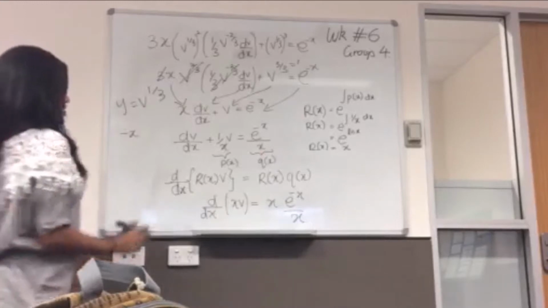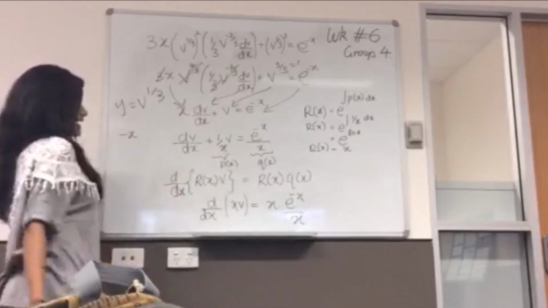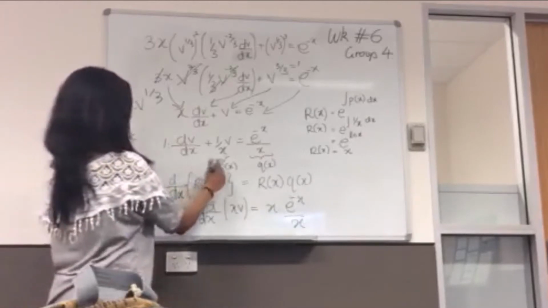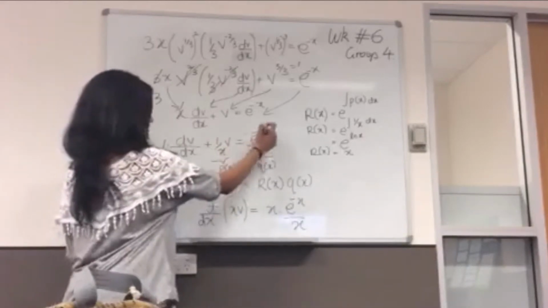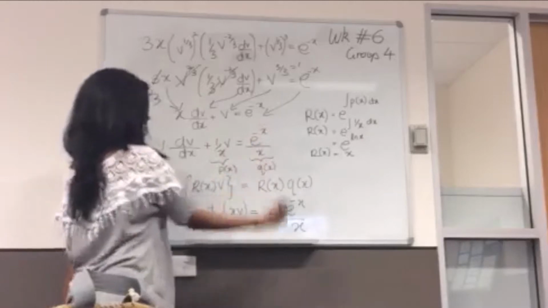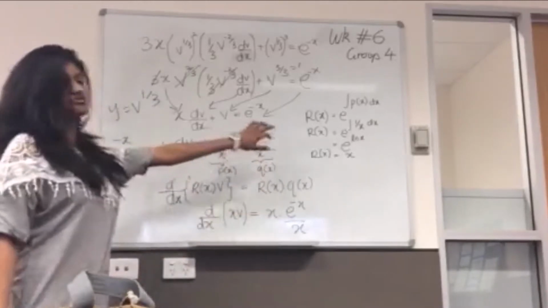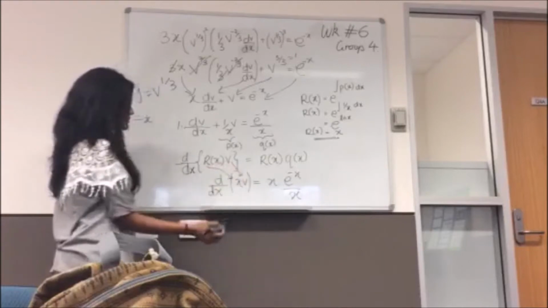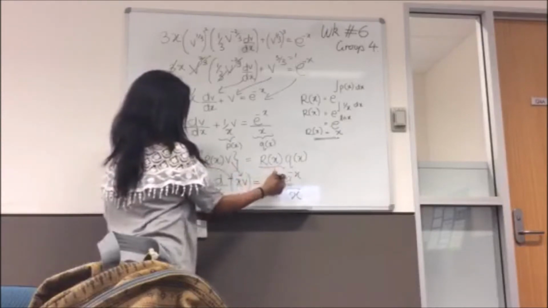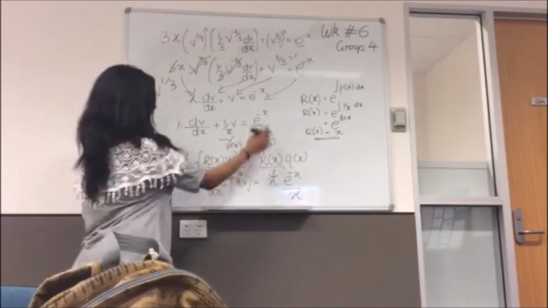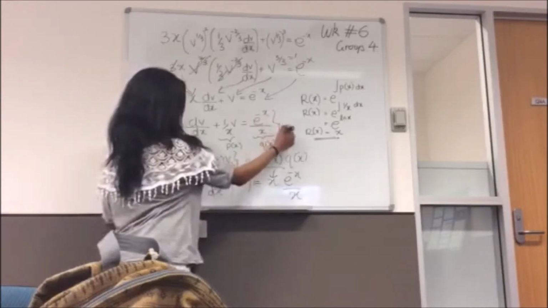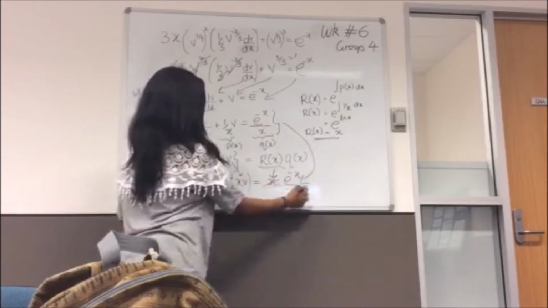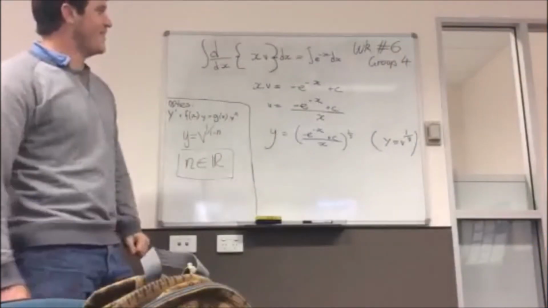Then we divide the whole equation by x to get 1 in front of dv/dx. And then you define 1 over x as p(x) and e to the power minus x over x as q(x), because we want to find r(x). So r(x) is x, and then v comes here, and again r(x) is x, and our q(x) is defined here, which is e to the power minus x over x. So this cancels out.